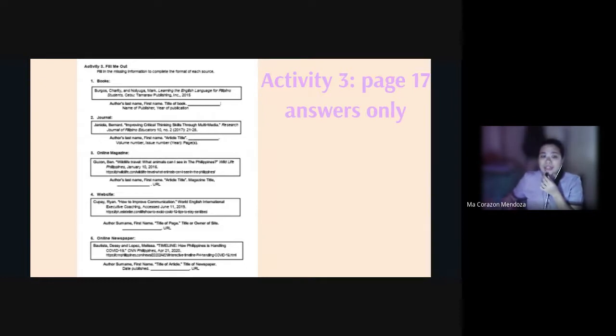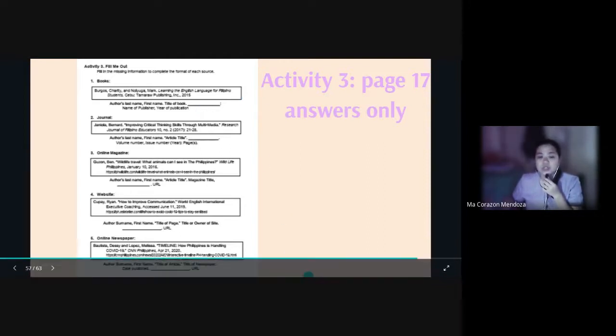Look at the missing information. In number 1, the missing information is found here, with the underline or the gap. We have author's last name, first name, title of book, and then a blank. What is the next information found in a book bibliography? So you will just complete the format.